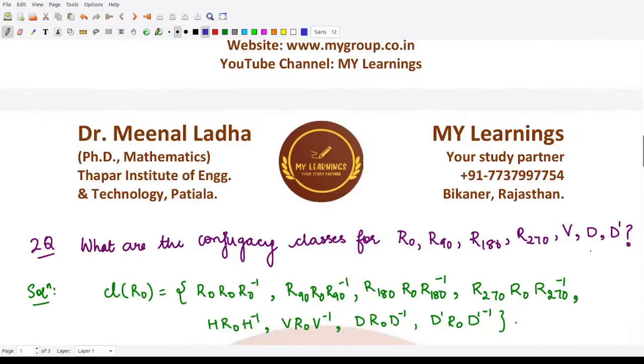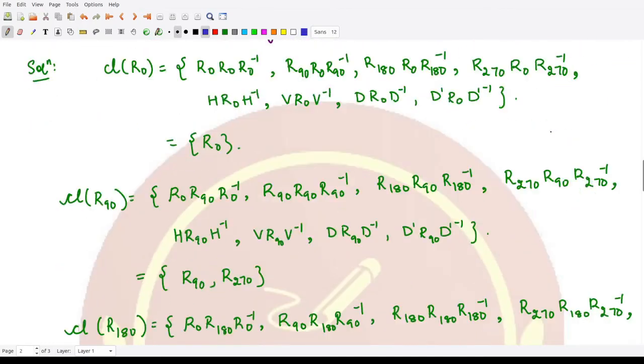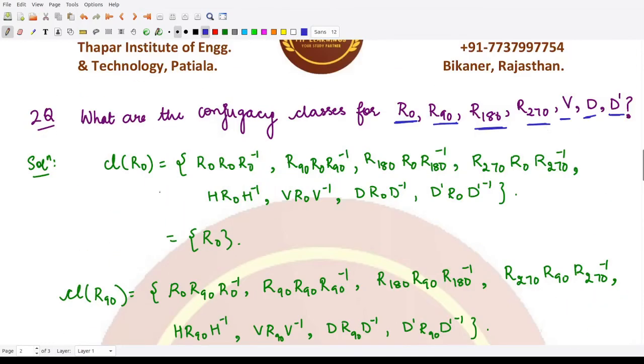Similarly, in this manner, we can calculate the conjugacy class for R0, R90, R180, R270, V, D, D dash, right? So what would be the conjugacy class if you solve for R0? It would contain all the elements obtained when we simplify this expression, X into R0 into X inverse, where X is a member of D4.